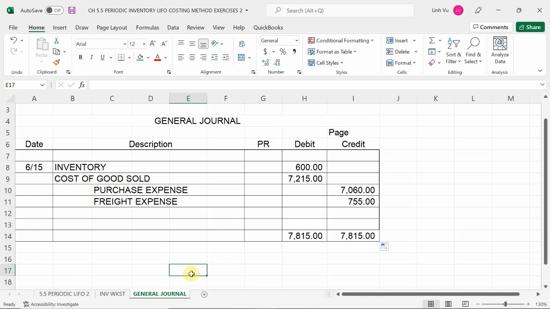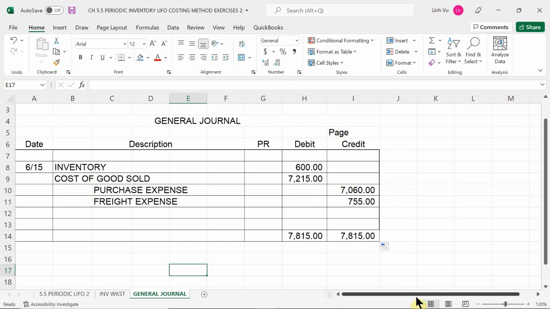Now, does this number always equal my net purchase? No, it does not always do that, but it does equal your goods available. So that's what you have to keep in mind. But your job isn't to match your inventory worksheet. Your job is to make sure that when you journalize your transactions, your debits equal your credits. All right, good job.